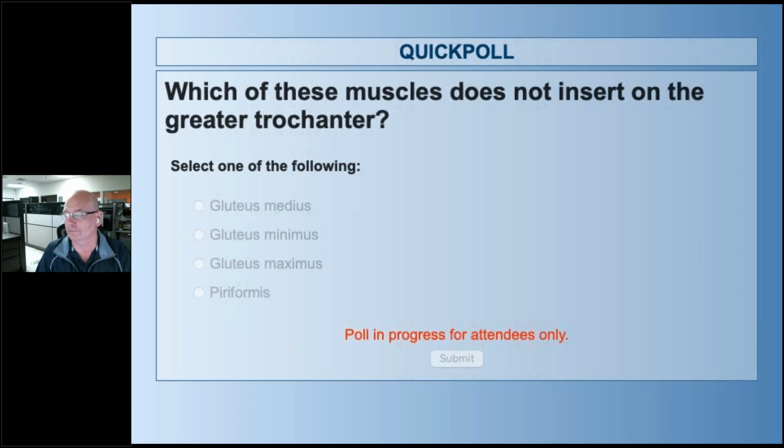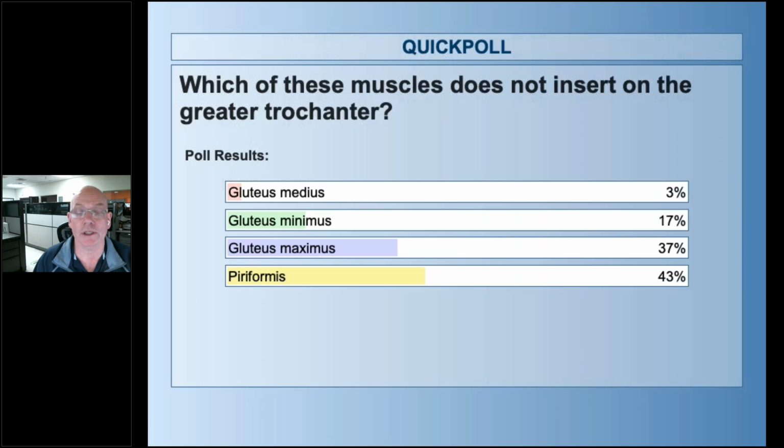Well, it started out 100% wrong, but that's okay. Wow, I'm getting mixed reviews here. Let's go ahead and finish up. Close the poll. And here we go. Wow, I am very surprised.